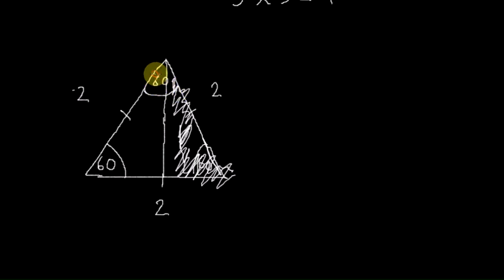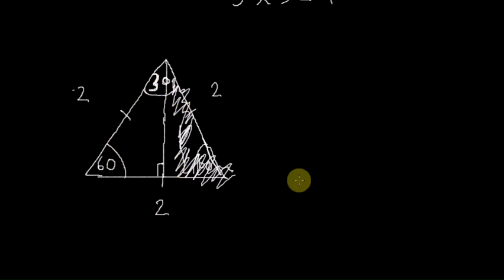I hope that's okay. We also know that it's 30 because if we add 90 plus 60, that's 150, so that's got to be 30. 180 minus the difference, you can work it out.